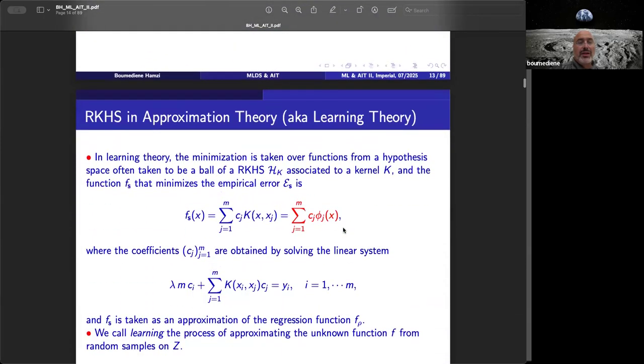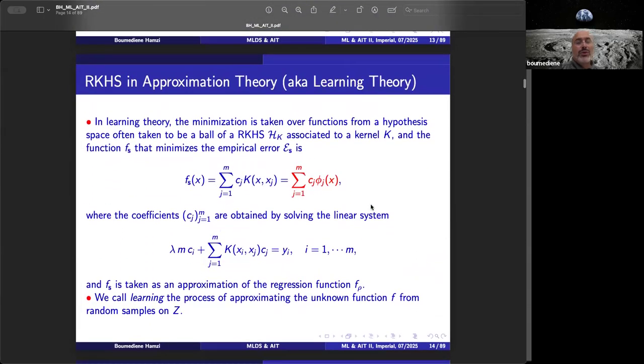This gives the following closed form for the function: f_s(x) is equal to the sum of c_j k(x, x_j), which is the representer theorem, and which can also be viewed as a linear combination of the canonical feature map.